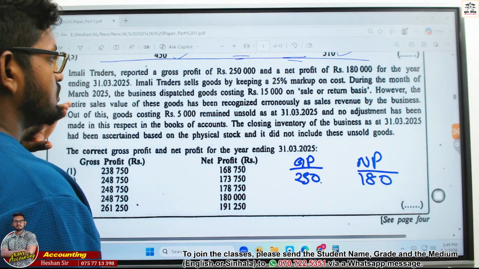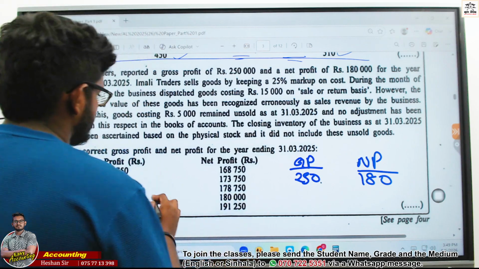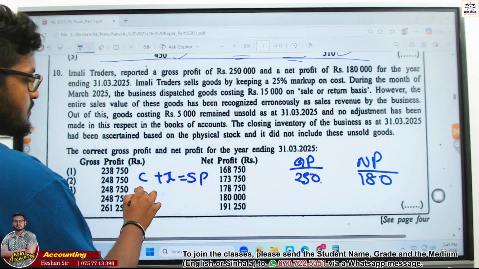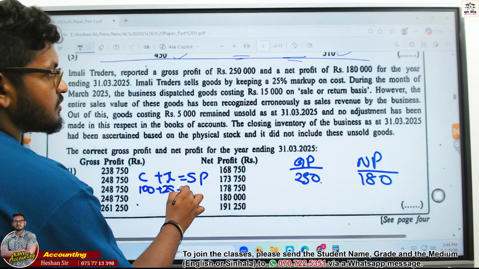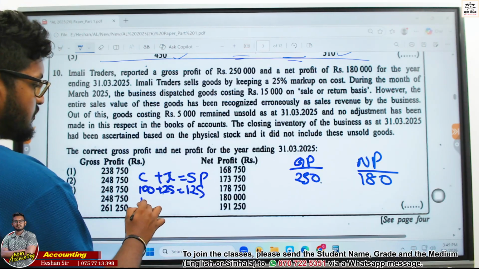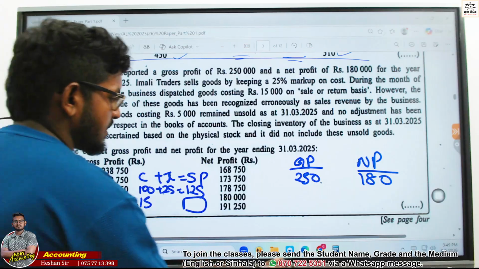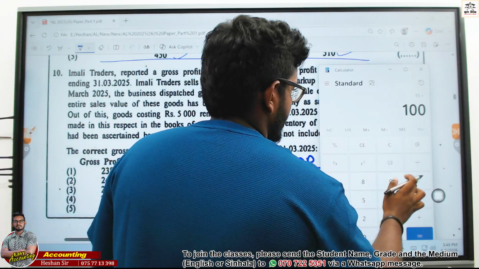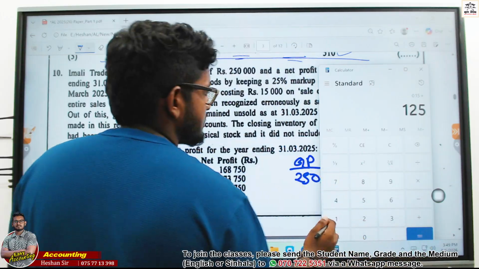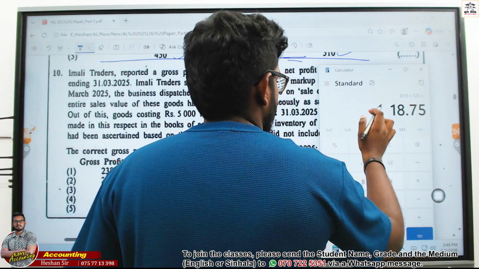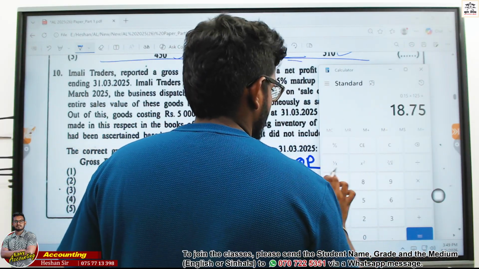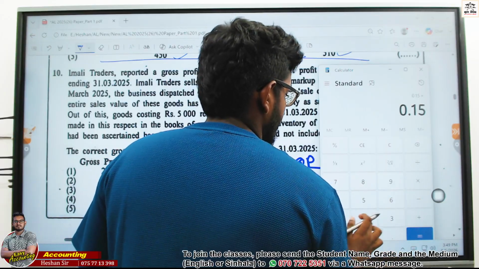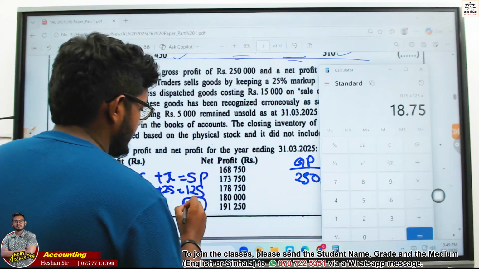Cost plus profit equals selling price. So 100 plus 25 equals 125. So the cost is 15. We can say the selling price is 15 divided by 100 multiplied by 125, that is 18.75.